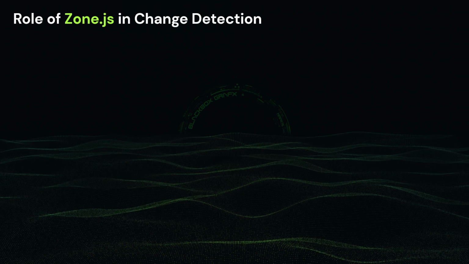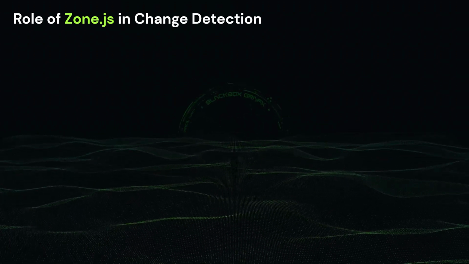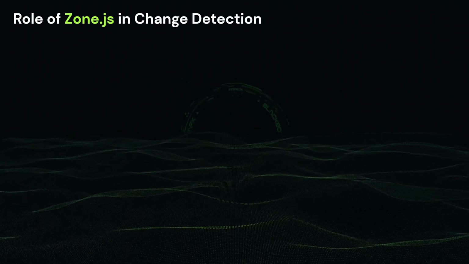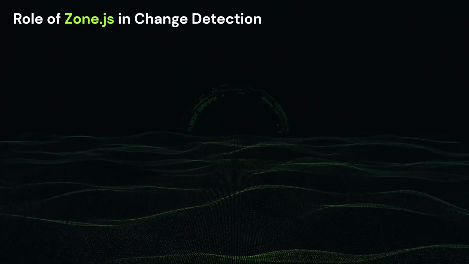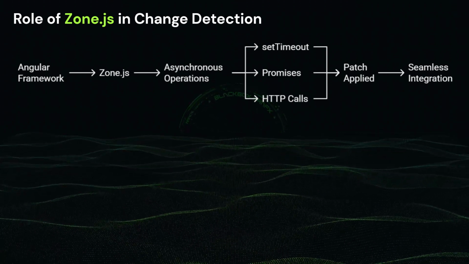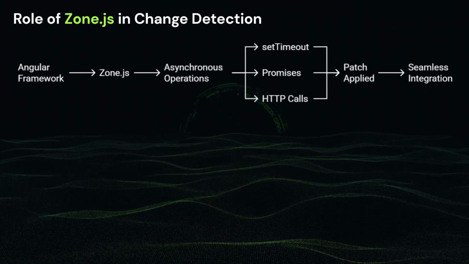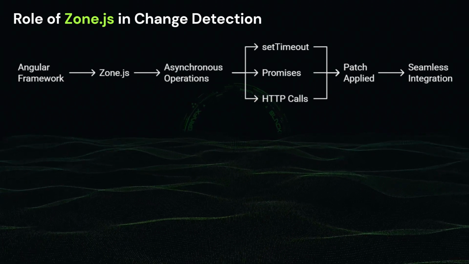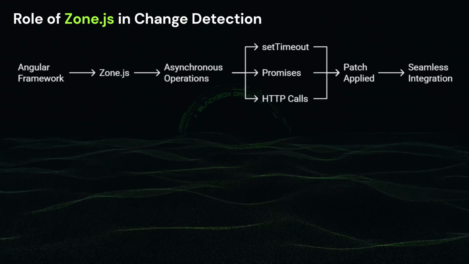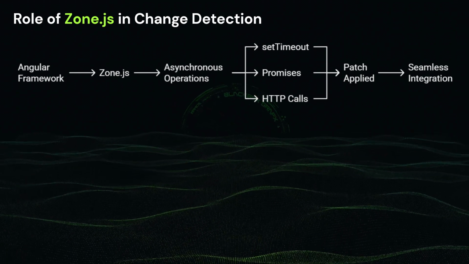Now let's move on to our fourth part: what is the role of Zone.js in change detection. Where does Zone.js come in? Zone.js is a library Angular uses to patch asynchronous operations like setTimeout, promises, and HTTP calls.